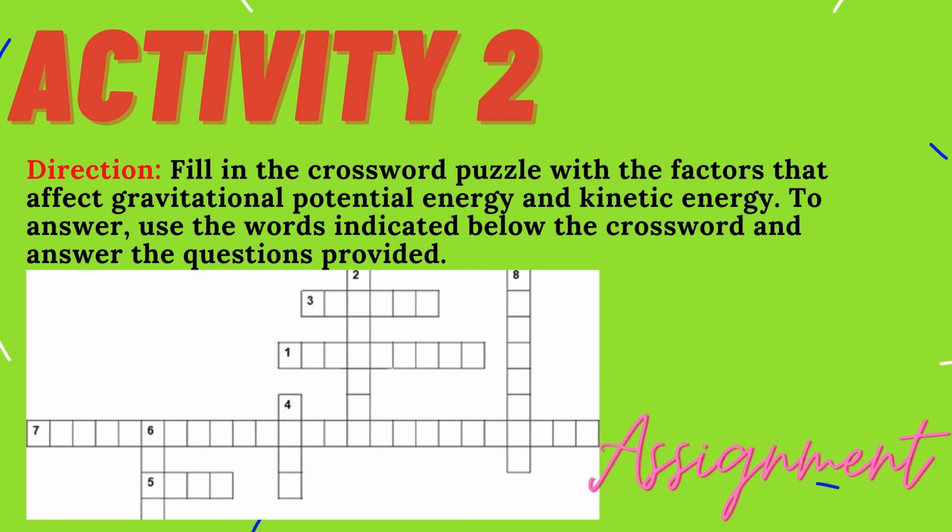For activity 2, fill in the crossword puzzle with the factors that affect gravitational potential energy and kinetic energy. To answer, use the words indicated below the crossword and answer the questions provided.